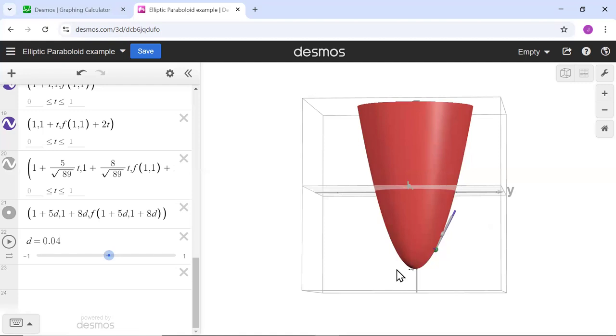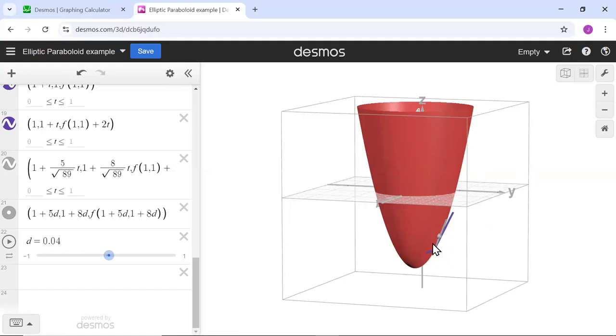Okay, that's the idea. And so that's telling you how much z is changing as my point goes in a specific direction.